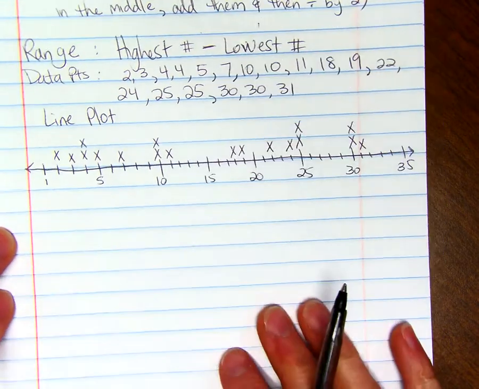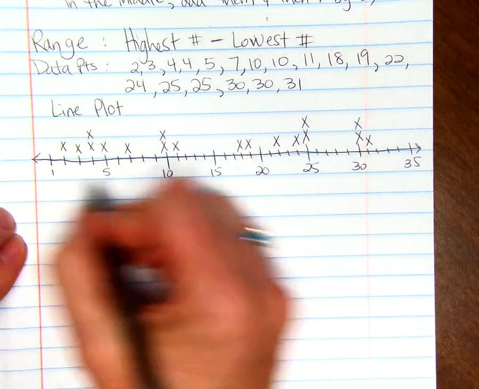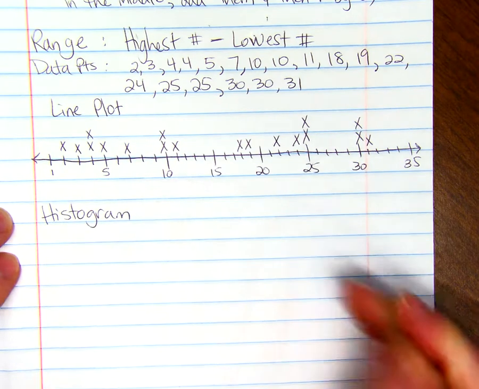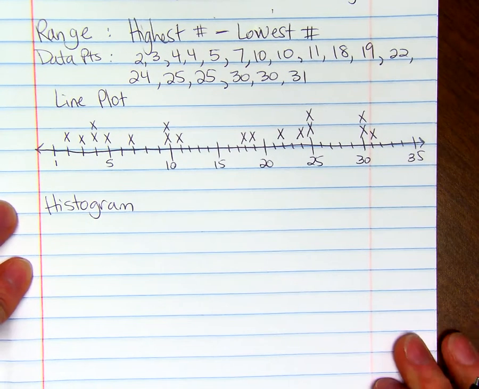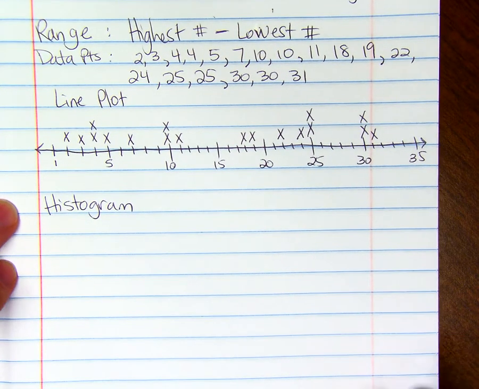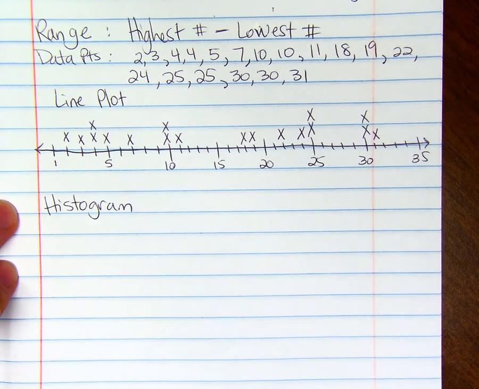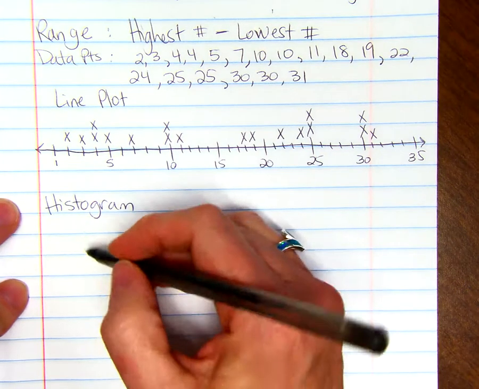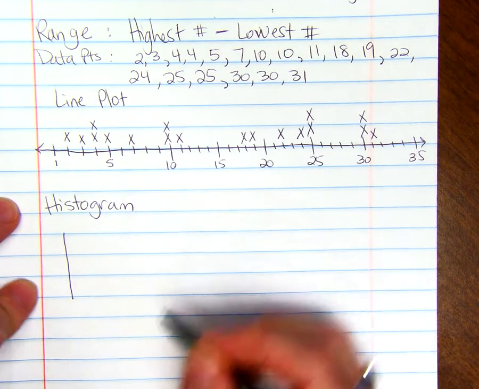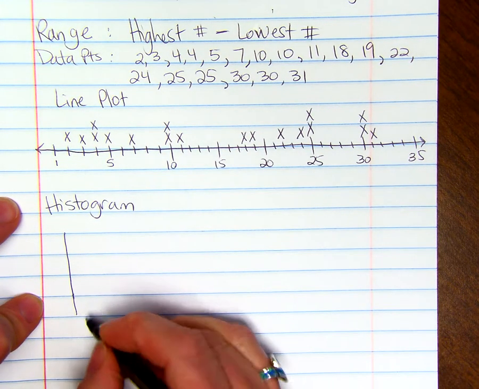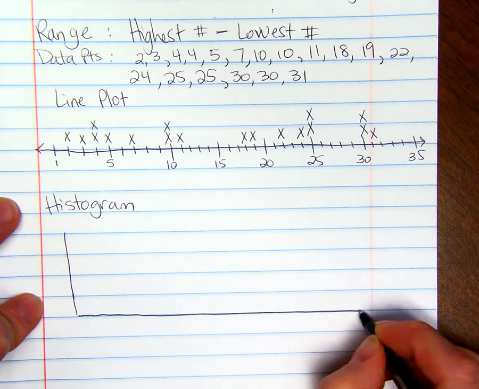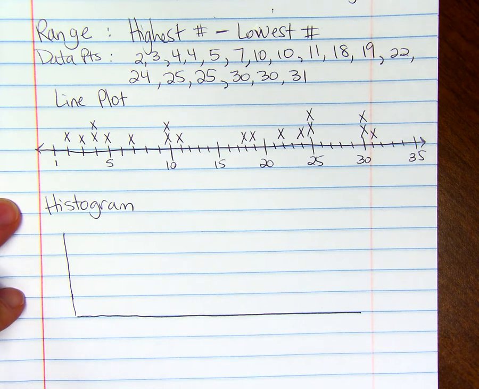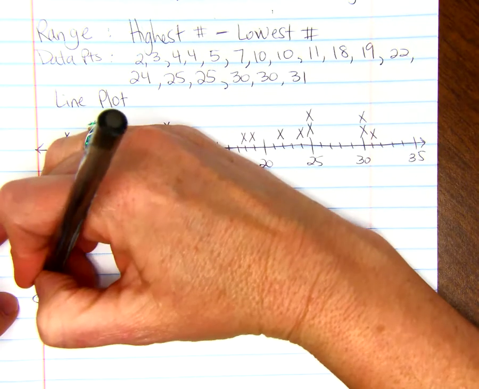I'm going to show you what a histogram looks like. A histogram is a special type of graph where you have boxes and they're all connected. Okay, so frequency.